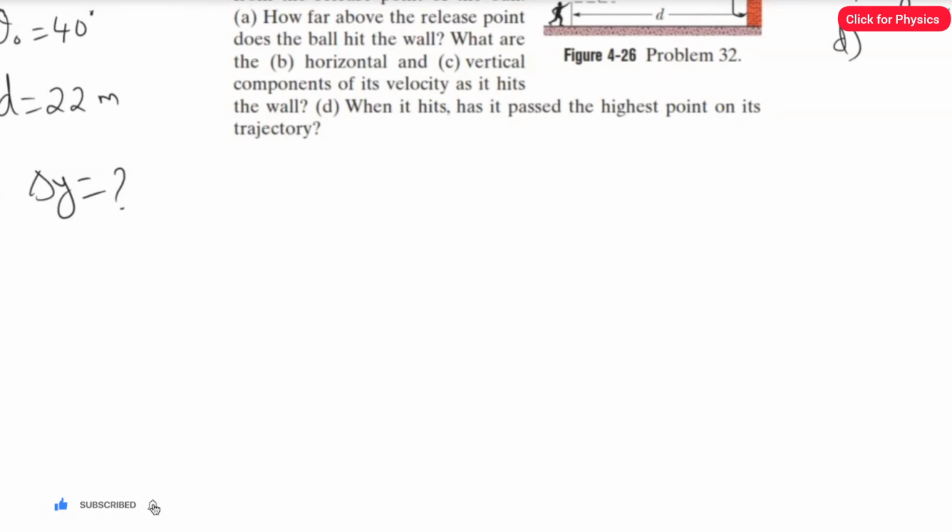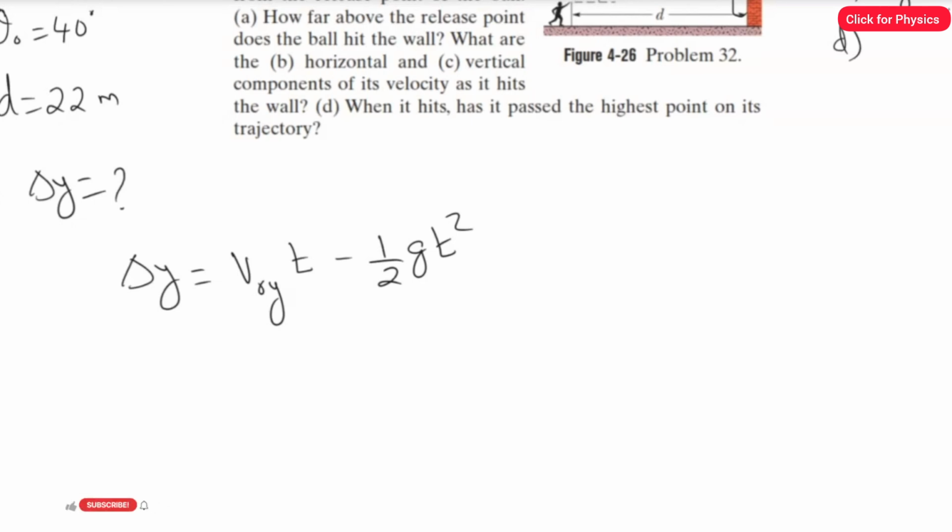So the equation is delta y equal to v naught of y multiplied by t minus half g t square. Why v naught of y? Because in the vertical axis we have to consider the y component, which is a sine component.